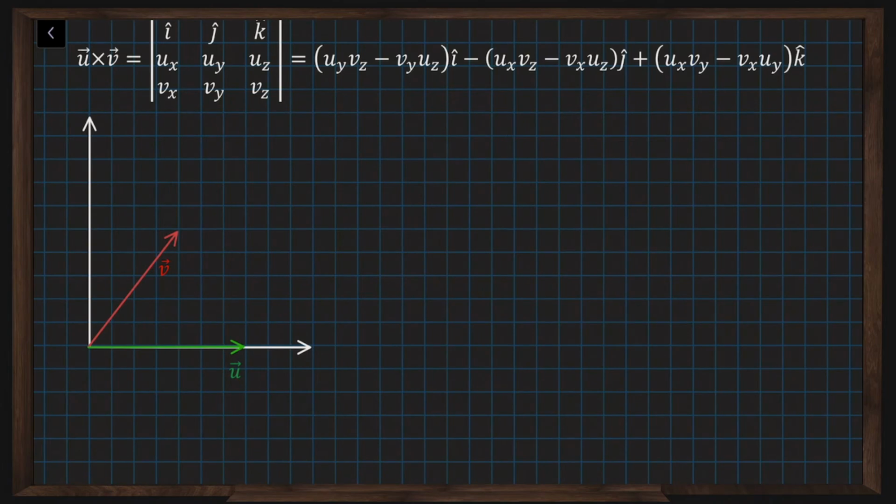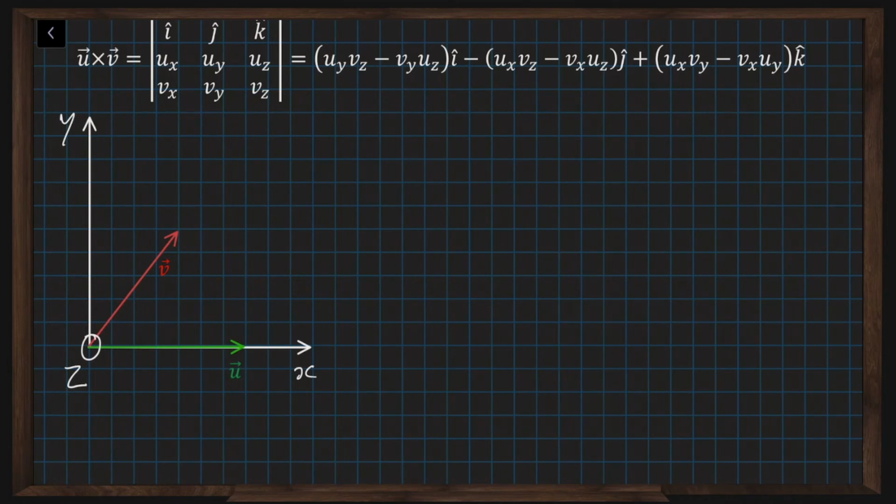So now I've tidied it up and it's all typed up and nicely shown at the top of the screen. And now we consider the vectors that I've drawn on the screen as well. We've got some vector u and some vector v. Even though we have an x-axis and a y-axis drawn on the screen here, I would like you to imagine that there's another z-axis which is coming out of the screen towards you.